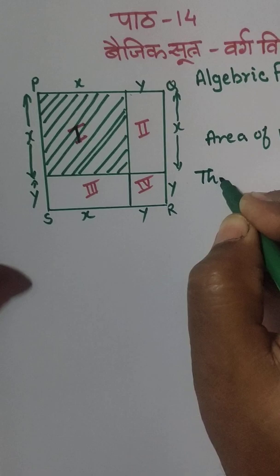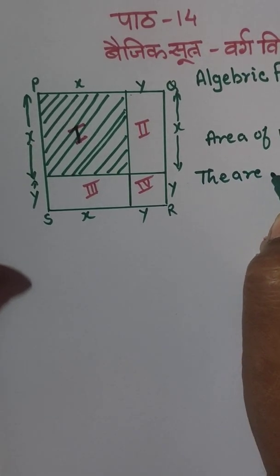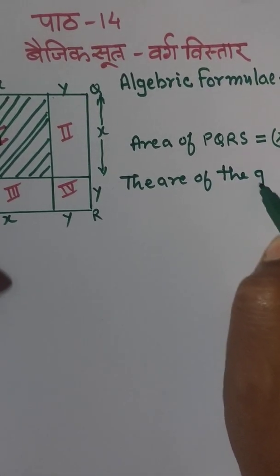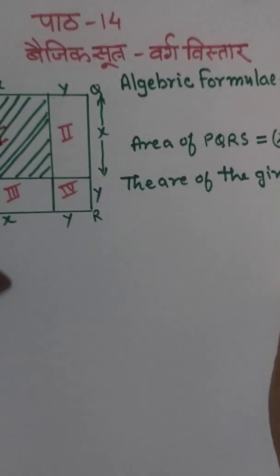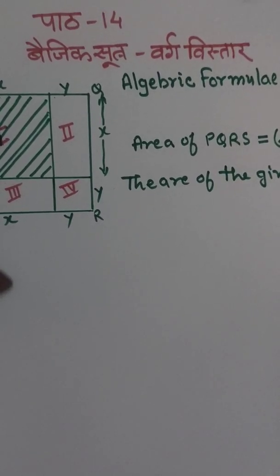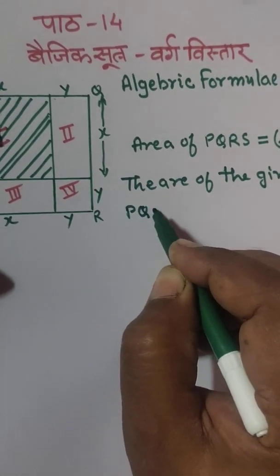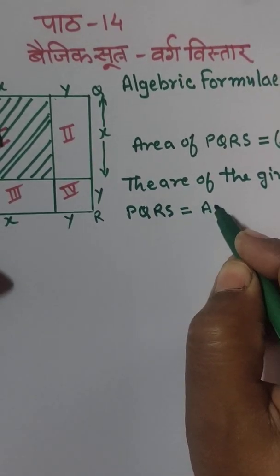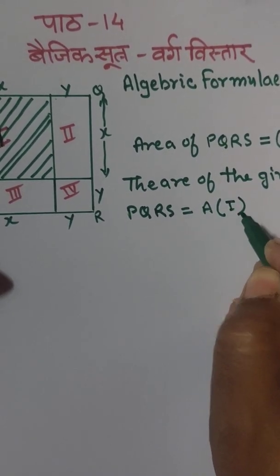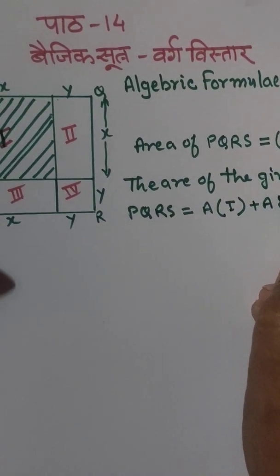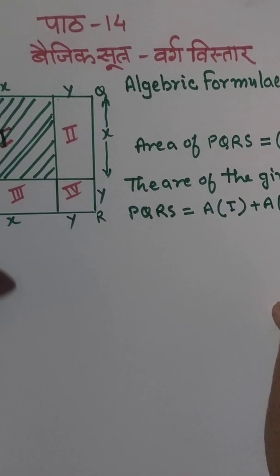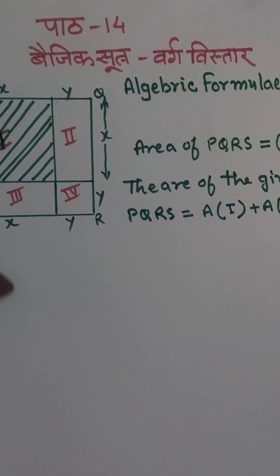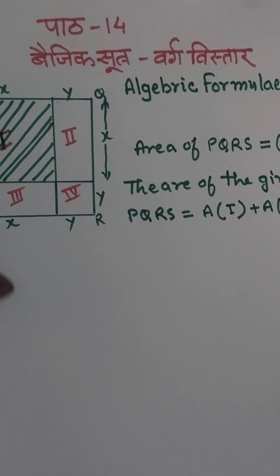The area of the given picture PQRS is equal to area of first plus area of second plus area of third plus area of fourth.